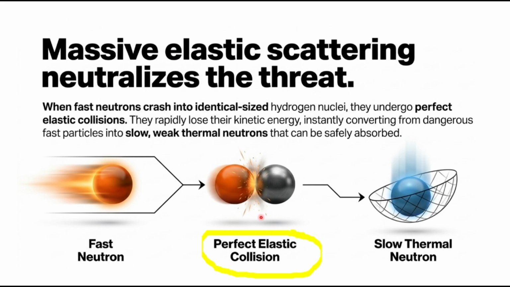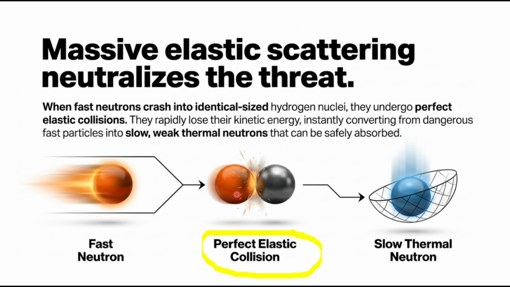Because the neutron and the hydrogen nucleus are the exact same size, the fast neutron instantly transfers almost all of its kinetic energy to the resting hydrogen. This collision causes a massive and sudden drop in the neutron's speed.